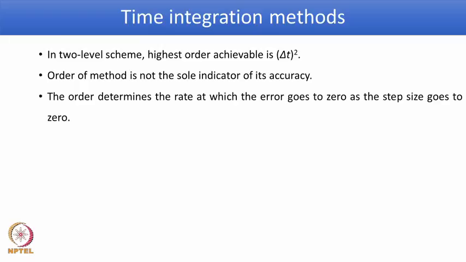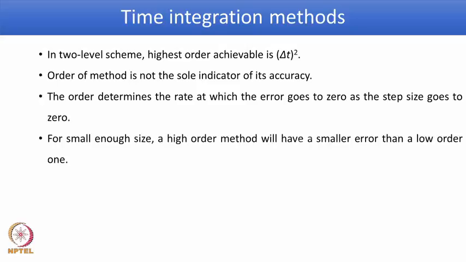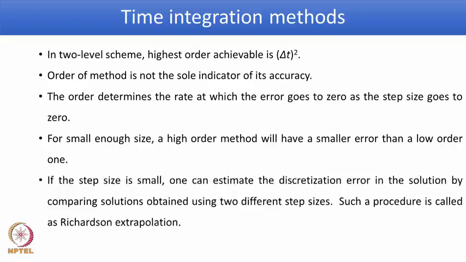So, if you decrease delta t, as we have already seen in the results, with a very high delta t the performance of the explicit scheme is poor, but the same explicit scheme performs better if you reduce delta t. So, for small enough step size, a higher order method will have a smaller error than a lower order one.